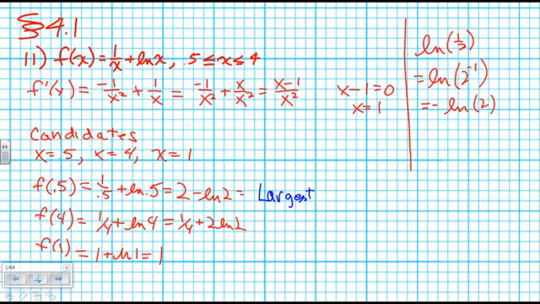I asked myself the question, what is the approximate value of the natural log of 2? Well, e is 2.7 something, so for e raised to some power to equal 2, that power would have to be less than 1.